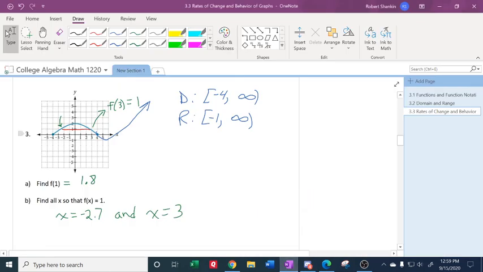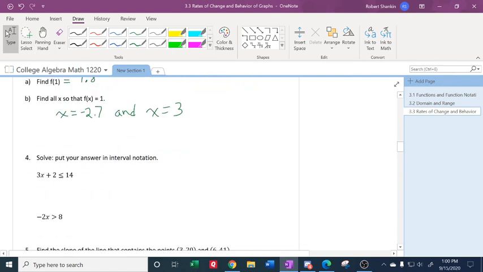All right, so let me review that again. F of 1 would be 1.8 because, again, the x is whatever is in the parentheses. Like f of 3 is equal to 1. F of 1, and then to the right is 1.8.